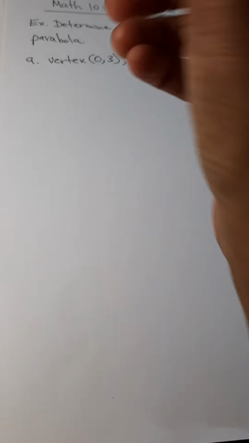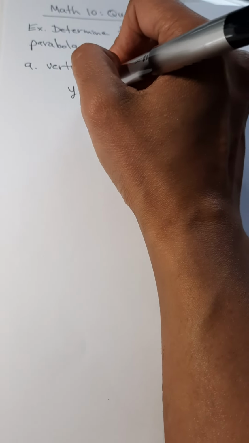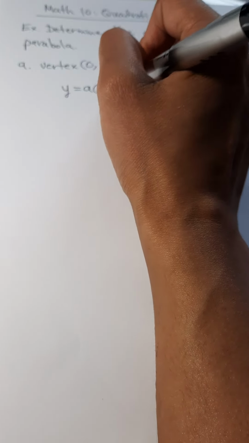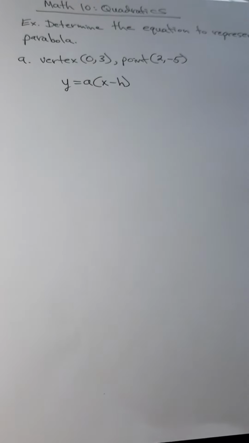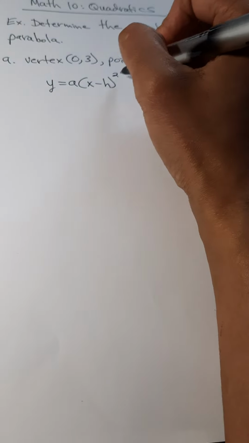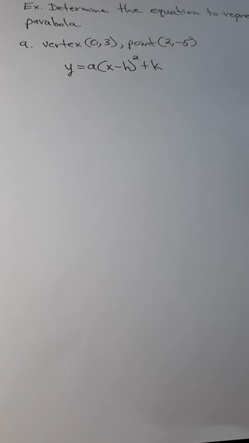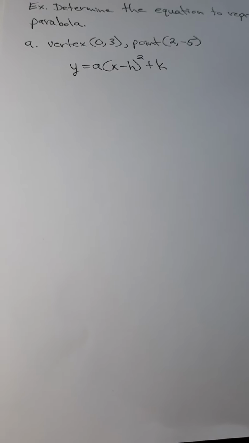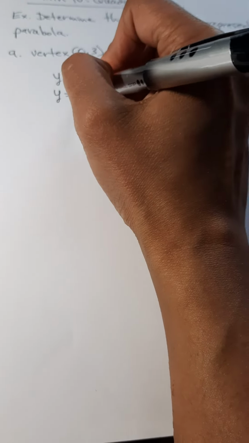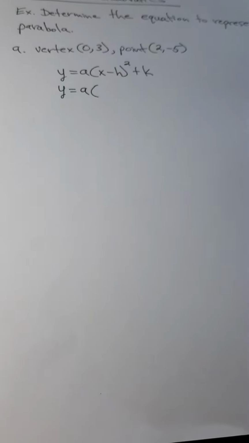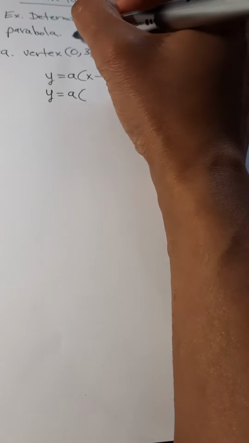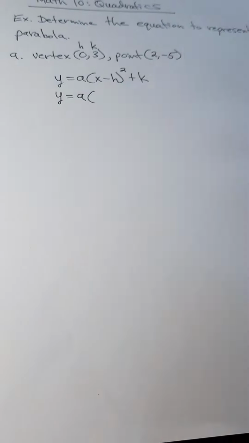So the first thing you're going to do is just sub it into this equation: y equals a(x minus h) squared plus k. In this case, the h and the k actually represent the vertex of this parabola. So we're going to sub in the h and the k of the vertex.